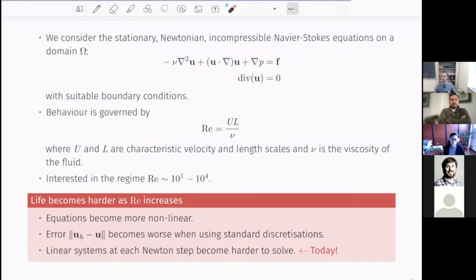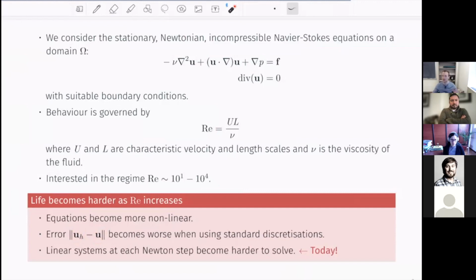So we see from the equations that they become more nonlinear as the Reynolds number increases. You can also show that the error between the exact solution and whatever you use to approximate it becomes larger when you use standard discretizations, right?